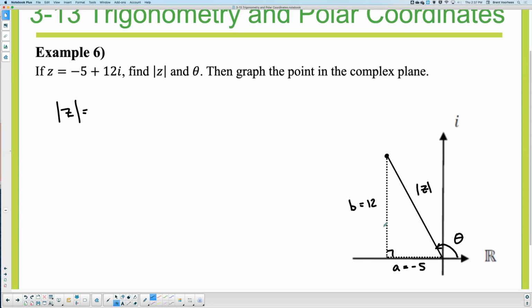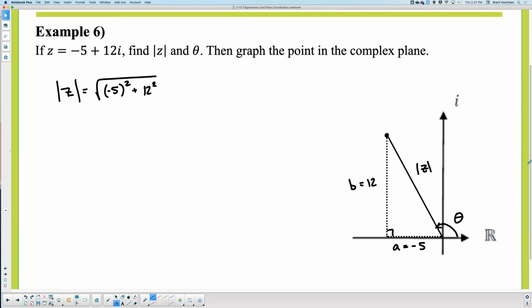It would be the square root of x squared, which is, in our case, the A, -5 squared, plus B squared, the y squared, just the 12 squared. I'm not including the i. That's just telling you it's the imaginary part.